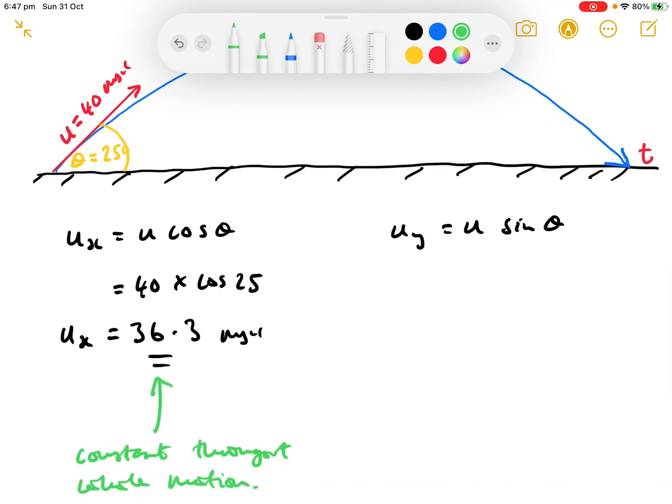So once you know that horizontal velocity, ux, it is unchanged throughout the whole of the motion. Now, it's always a good idea to put the words horizontal above your horizontal working and vertical above your vertical working.